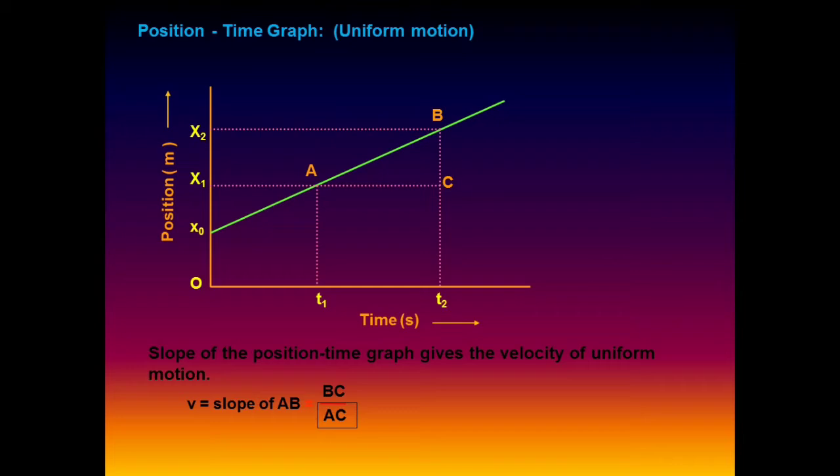If you use tan theta, we can get the slope of AB. The slope of AB is equal to BC by AC, opposite side by adjacent side, right? Now the value of the velocity is equal to displacement by time. Then what is the value here? x2 minus x1 by t2 minus t1. Then you will easily get that the slope of the position time graph gives the velocity of the object.